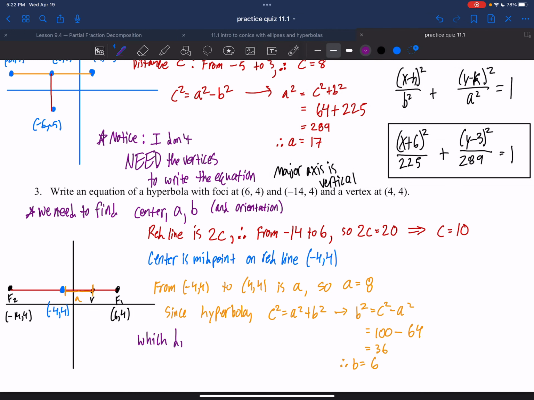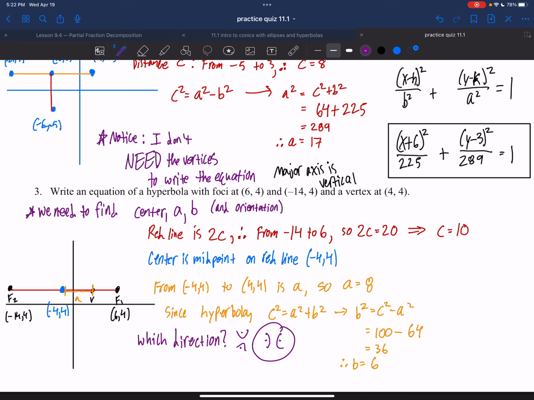Now, the question is which direction is this hyperbola opening? Is it up and down, or is it left and right? And how would we know? Well, we're going to know from the foci. We say it's this one because the foci look like that, rather than that.